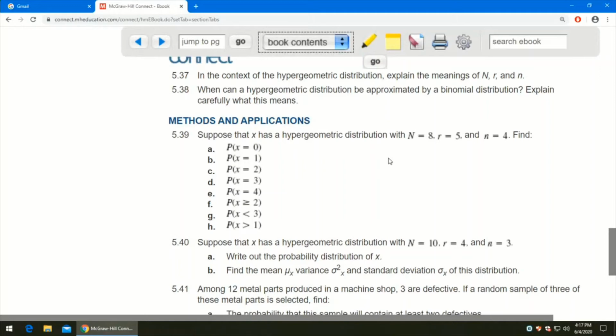So you just simply write this down as 0.6, or 1 minus r over n. Okay, so this is going to be 0.6.